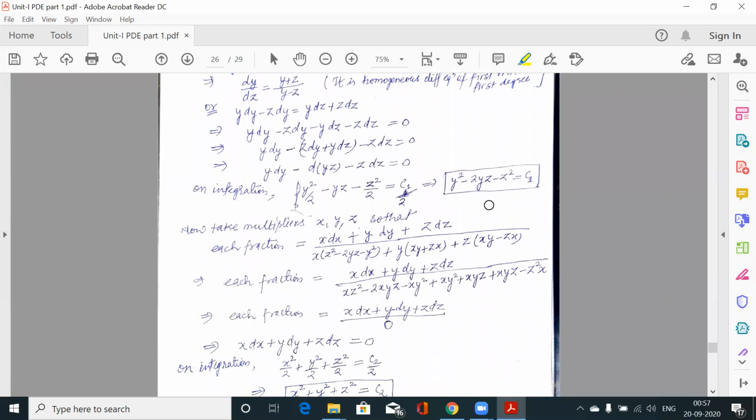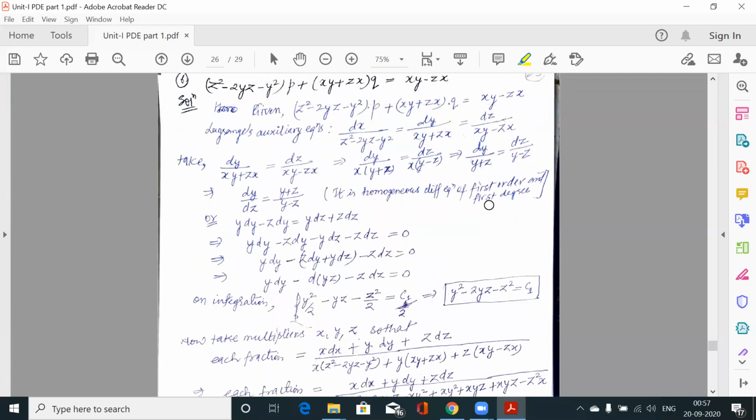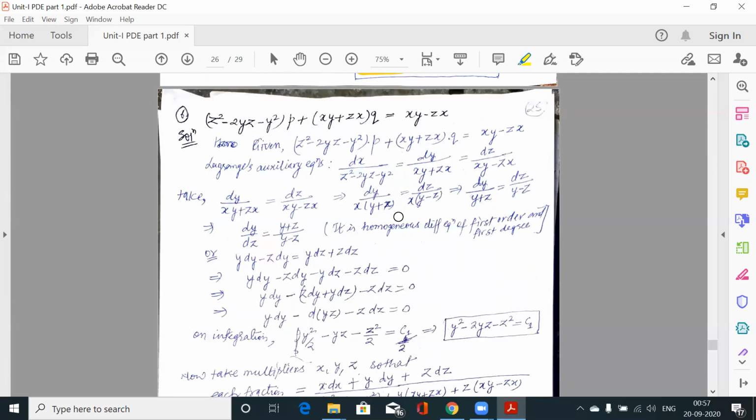So in this case also, this is already in standard form. These two fractions would give us the first integration, which is possible by direct integration. Well, not exactly direct integration: x would be cancelled and this is (y plus z) and (y minus z), and by cross multiplication this would be like this.